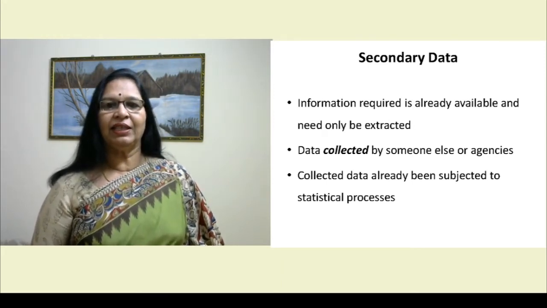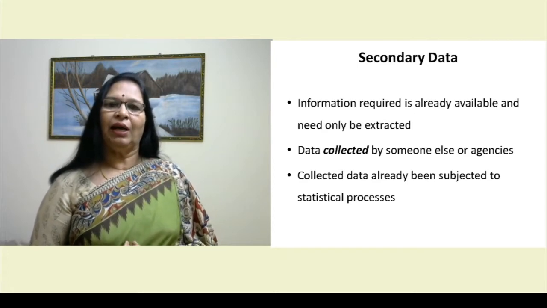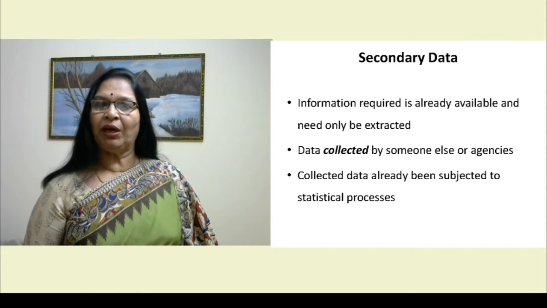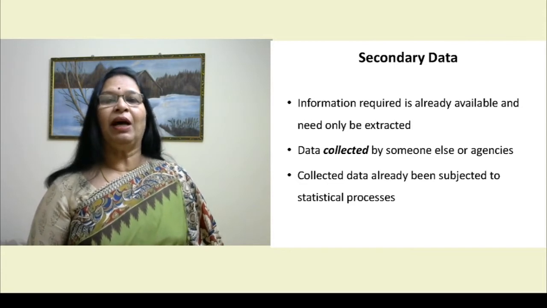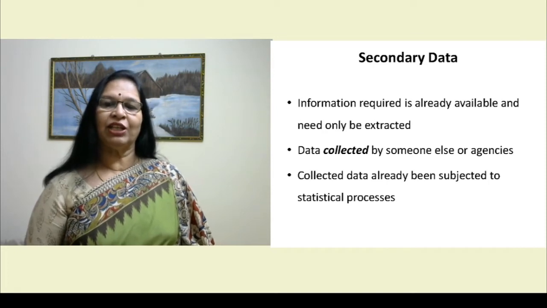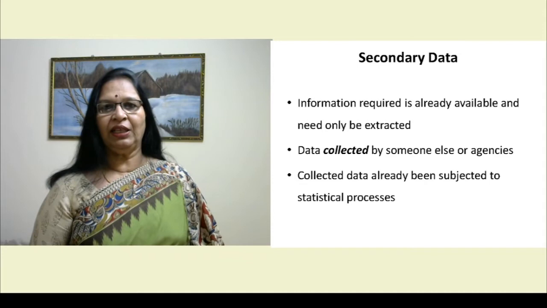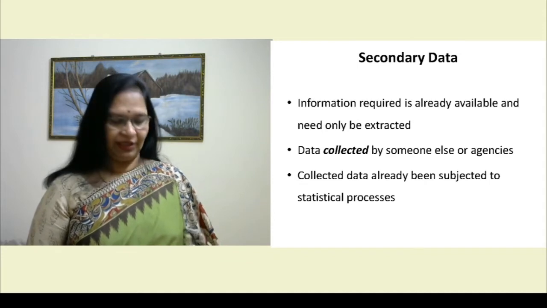This data is usually collected by agencies, and some of it is available free and some has to be paid for. This collected data has also been subjected to some statistical analysis by the collecting agency.